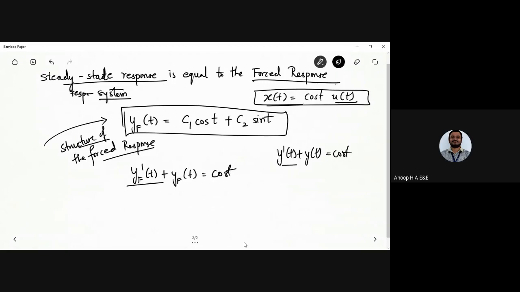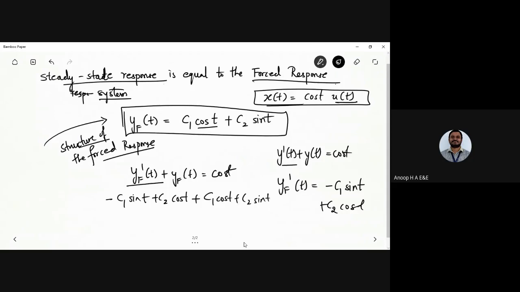The forced response differentiated once: cos t differentiated gives negative sin t, so minus C1 sin t plus C2 cos t, plus C1 cos t plus C2 sin t, equal to cos t.